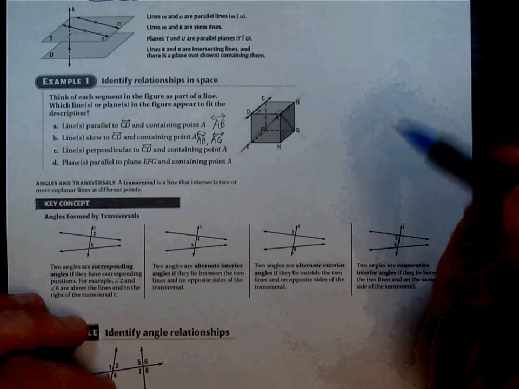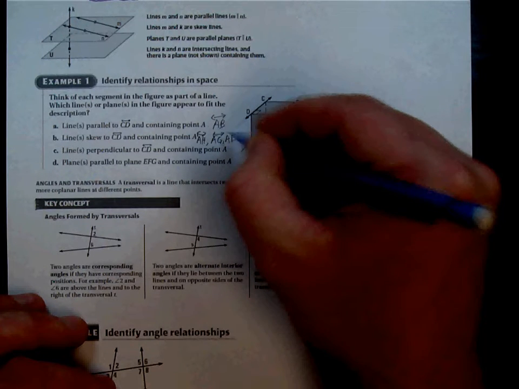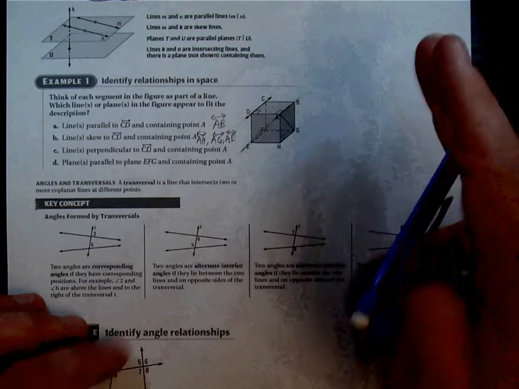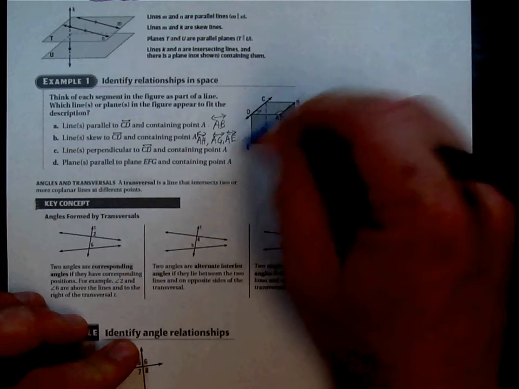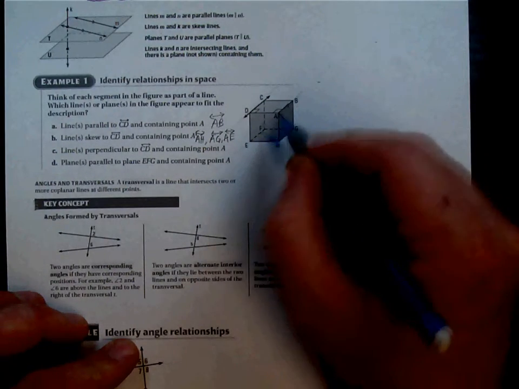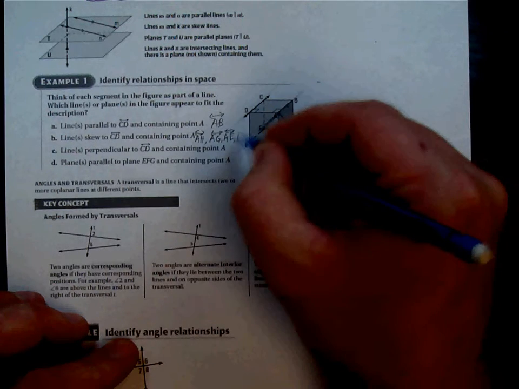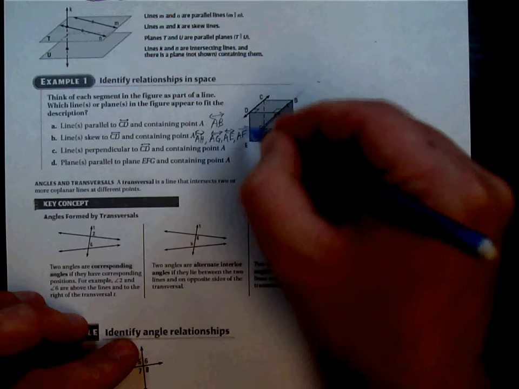It's not in the same plane. So AE is also skew. And then with the same logic, I can connect A and F and go diagonally through the box, and it's not going to connect to CD, so AF would also be a skew line.